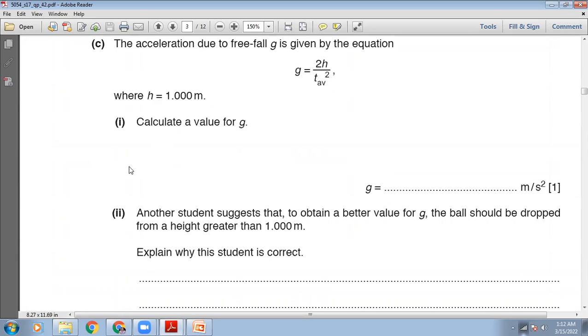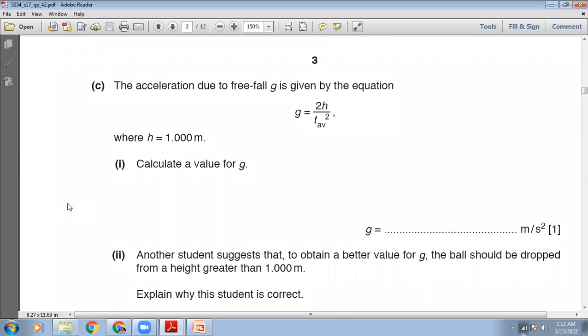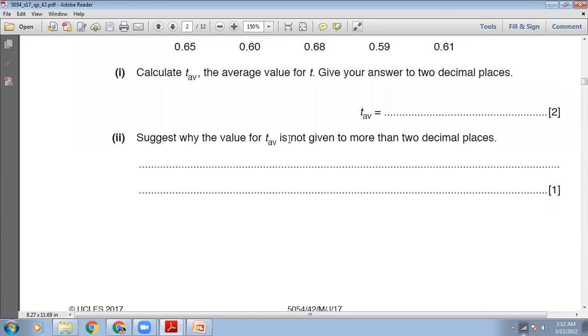Okay, so the C part is: the acceleration due to free fall, g, is given by the equation g equals 2h divided by t average squared, where h is 1.000 meter. Calculate the value for g. You just have to put these values in. I know the 2, I know the h value, I know the t average value. We just calculated that.